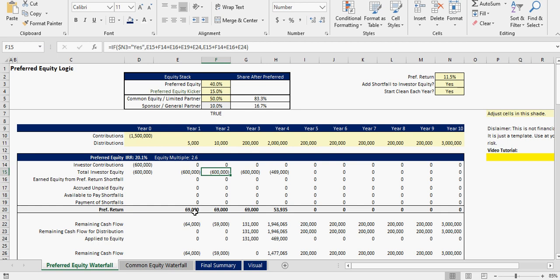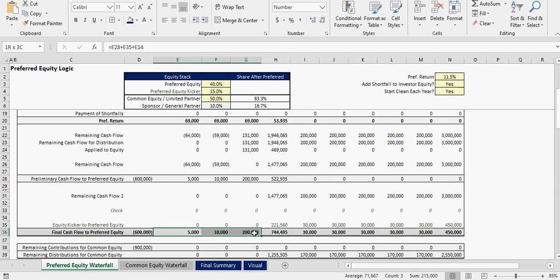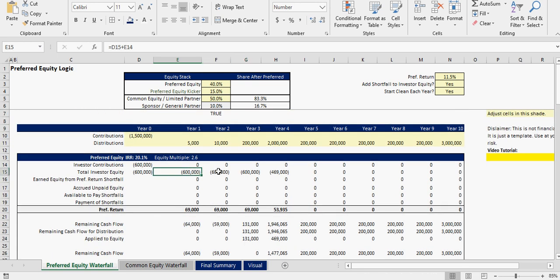You just don't pay anything, and if there's any cash, you just reduce the equity position. And here you can see there was not enough to cover the preferred return, so the preferred equity gets that cash, but you're not reducing equity by anything until you actually cover the preferred return. And you can see if you put no here, then you're not starting clean, then you are adding the shortfall.